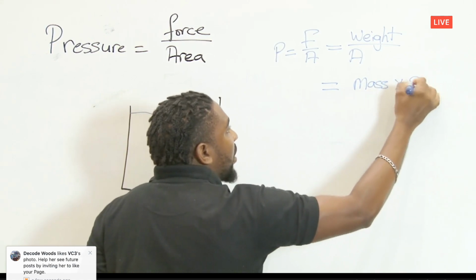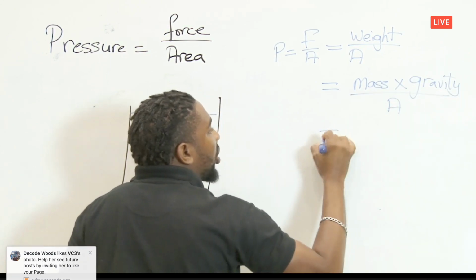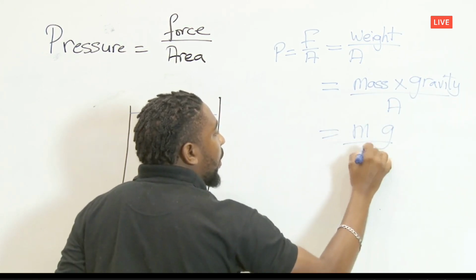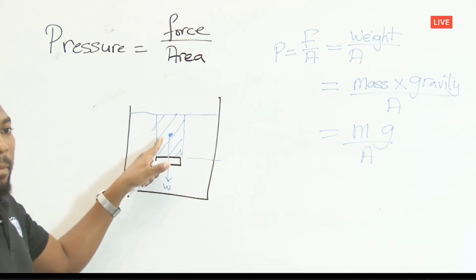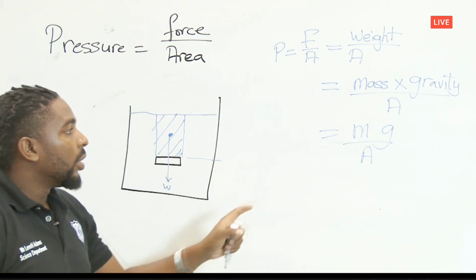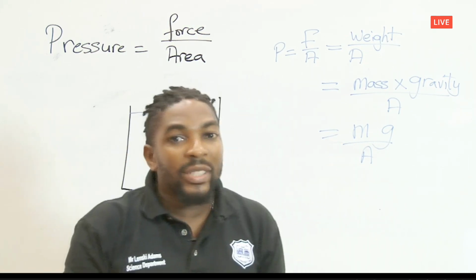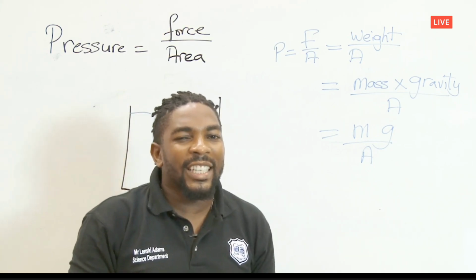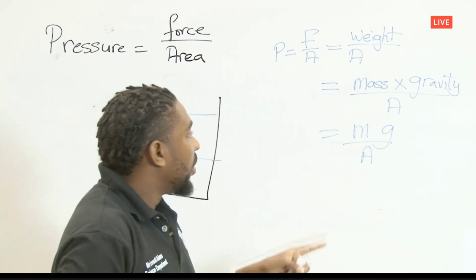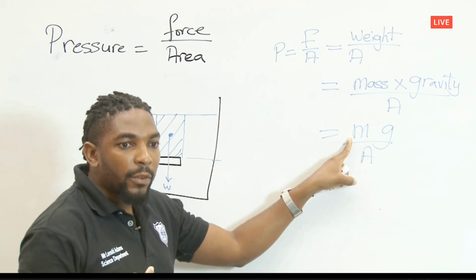So to find weight, there's a general formula for finding weight, which is mass times gravity, right? Which is mg. So it means that we must be able to find the mass of this water. This is showing the flow of the formula. Now, a keynote to understand in physics, anytime we're dealing with a liquid, we always must consider the density of the liquid.